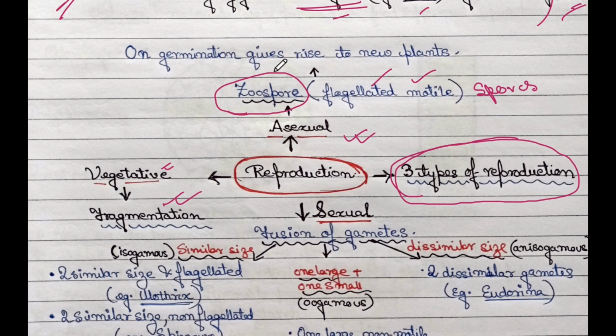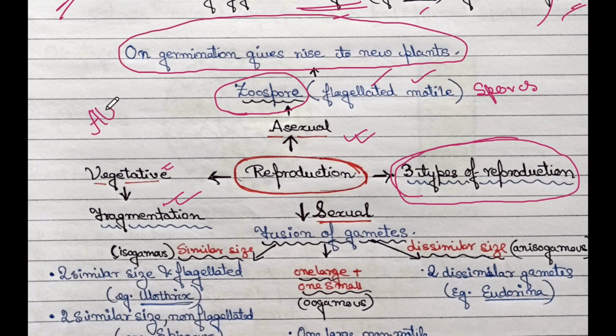These spores directly germinate and give rise to new plants, or we can say new algae. So one, vegetative done. Two, asexual done.